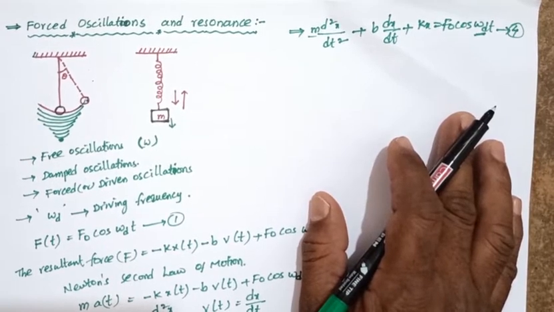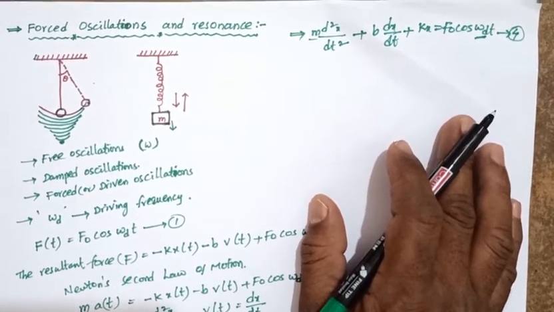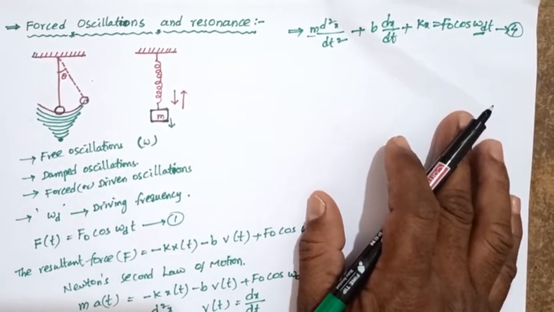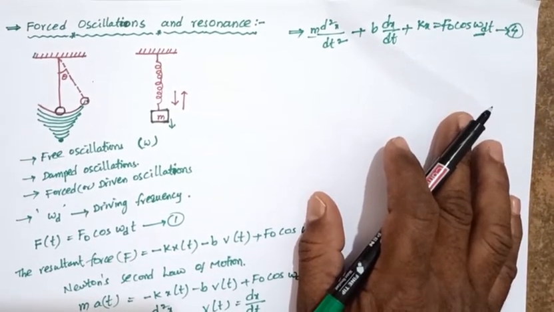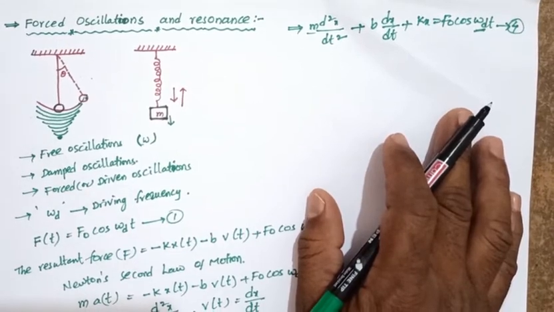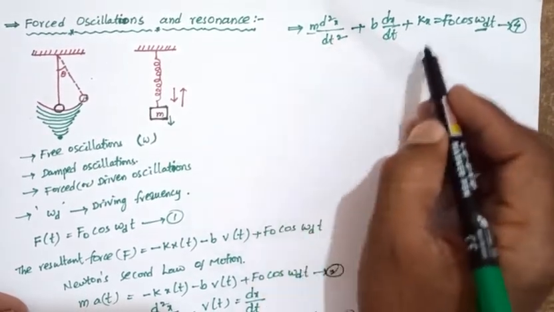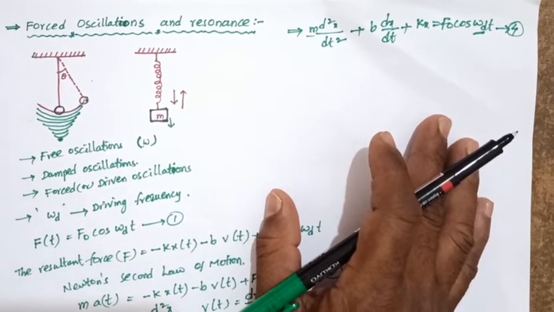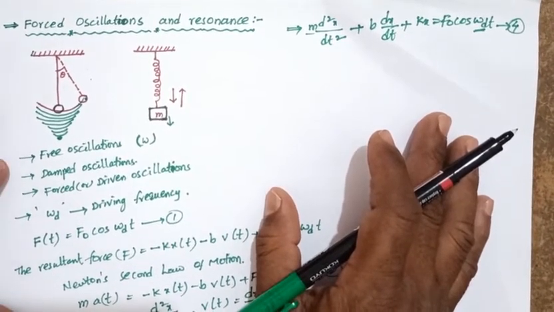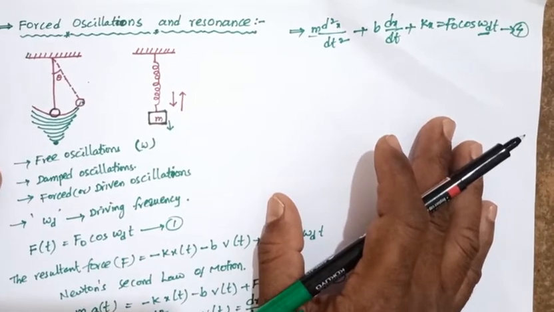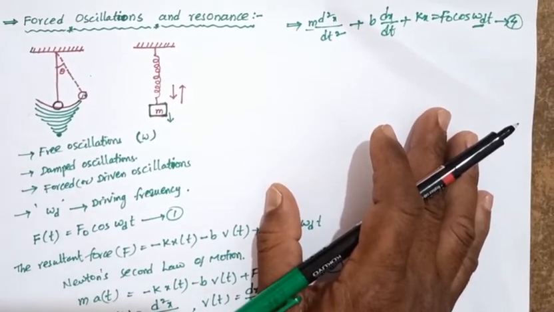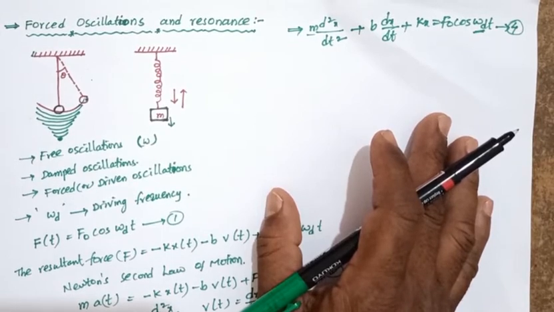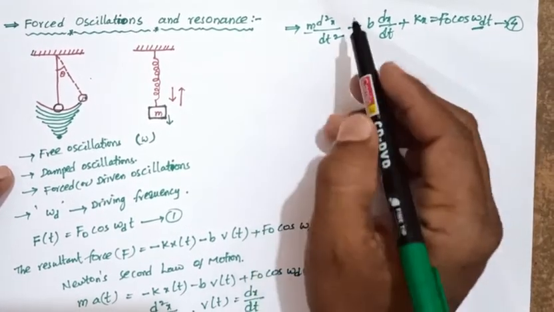Next, regarding equation number 4: the oscillator initially oscillates with its natural frequency omega. When we apply the external periodic force, the oscillations with the natural frequency die out.